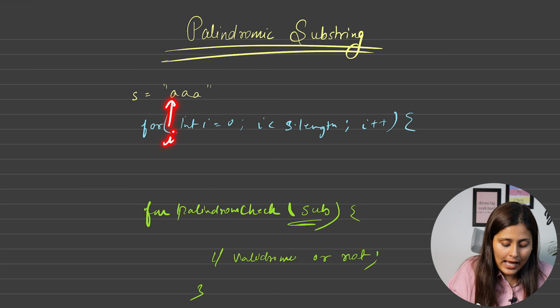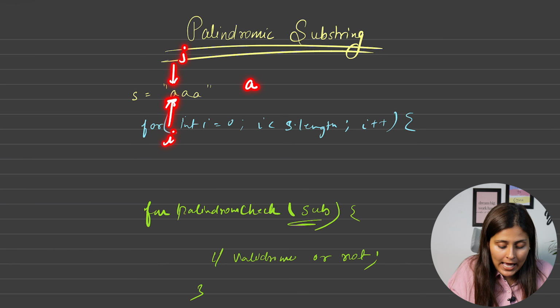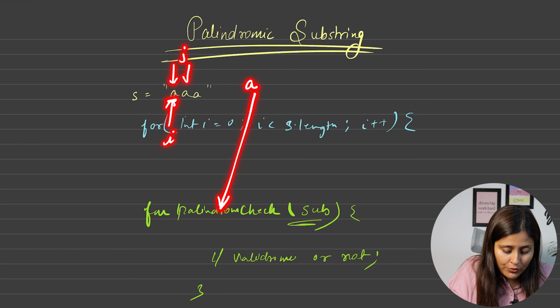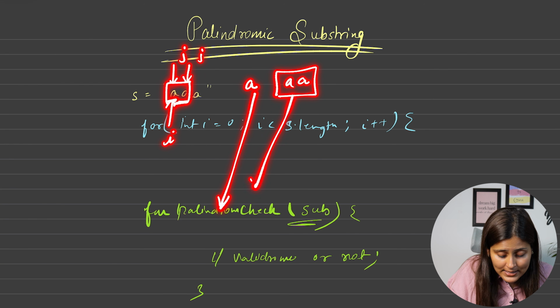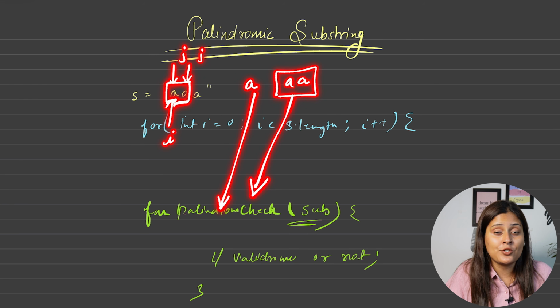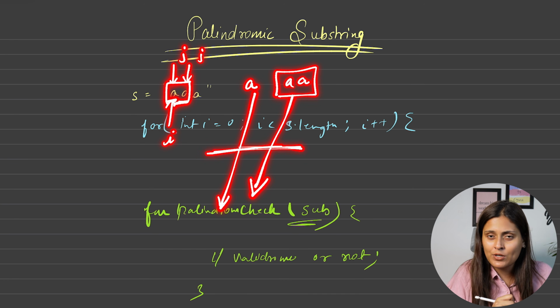So if my i is here, I will initialize my j index, and from i to j means simple A, I will consider this as a substring, and then I'll call this palindrome function check. Next time j will move to this pointer, and now from i to j means this AA. So this AA will go in the function called palindrome check, and it will check if this is a valid palindrome or not. Whenever the function returns true, we will count somewhere here.